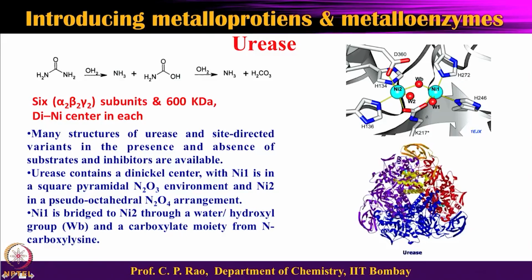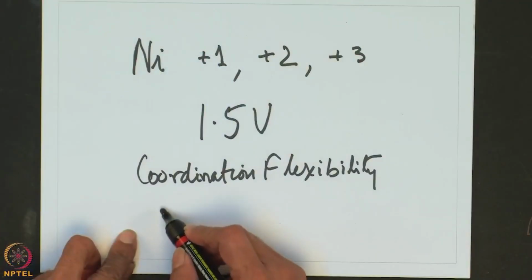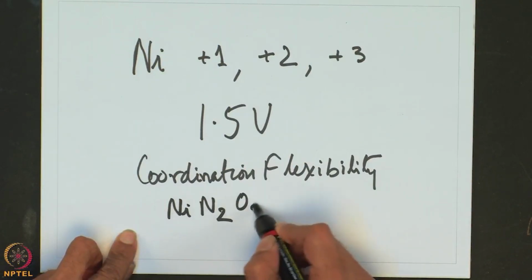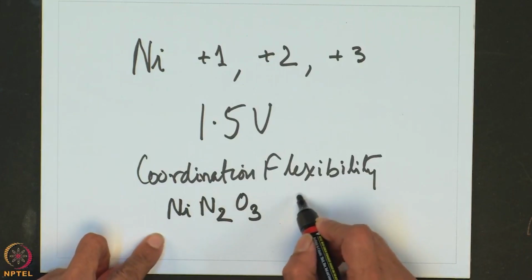Nickel 1 coordination is 5. What are the 5 coordination geometries? 5 coordination geometries are generally trigonal bipyramidal or square pyramid. In this particular case, this is more of a square pyramid rather than a trigonal bipyramid. So, this gives an N2O3 kind of structure. This is nickel N2O3, square pyramid.